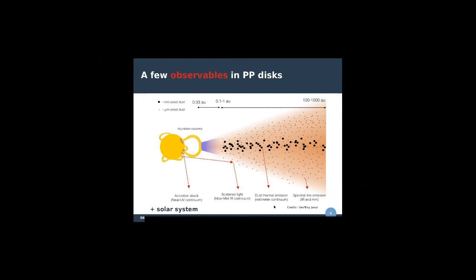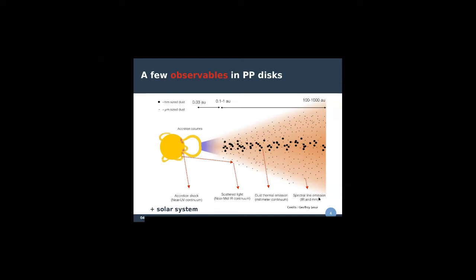So it's useful to detect millimeter-sized dust particles that are mainly in the mid-plane, as plotted here. But also at these wavelengths, we can look at the gas with line emission to detect, thanks to the Doppler effect, the dynamics inside this disk.